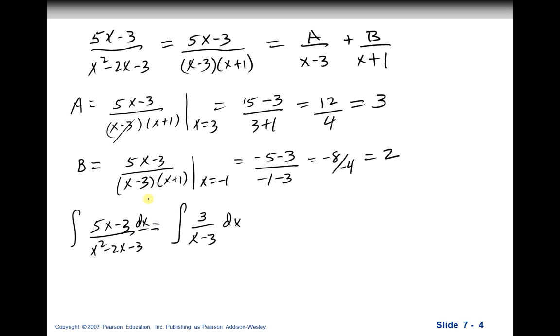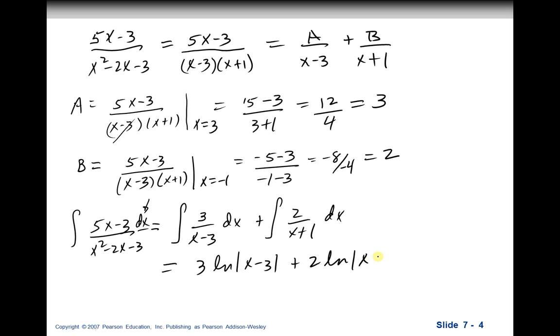By the way, I should have a dx there too, plus the integral of 2 over x plus 1 dx, and that equals 3 ln of the absolute value of x minus 3 plus 2 ln of the absolute value of x plus 1 plus a constant.